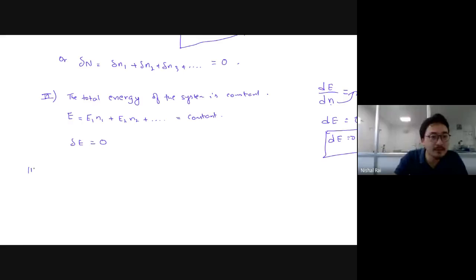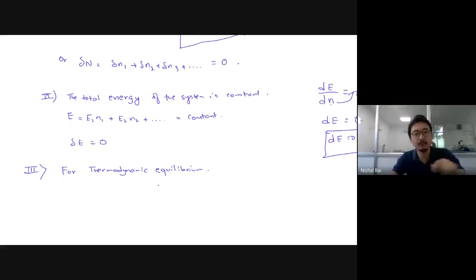Now the third point is, for thermodynamic equilibrium, what is your maximum? Basically in equilibrium, what your omega should be? Omega should be maximum.